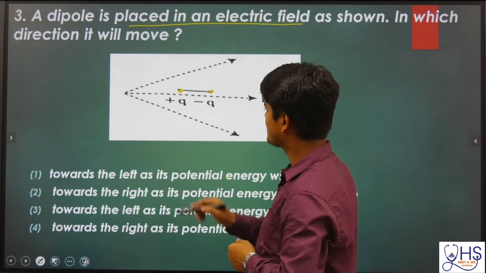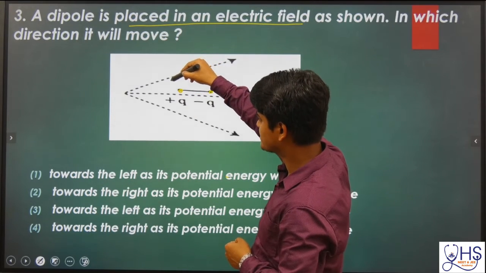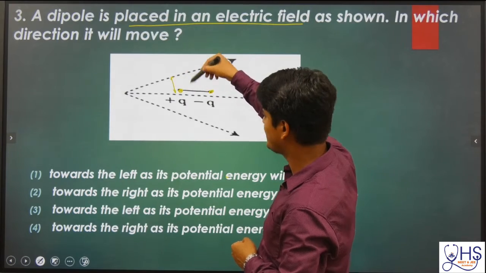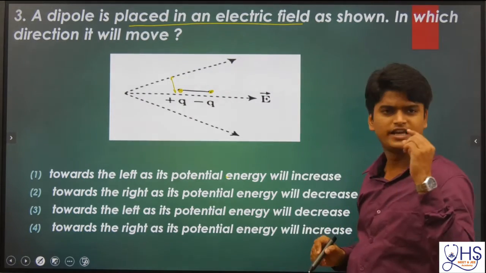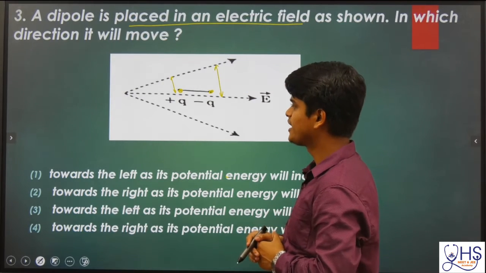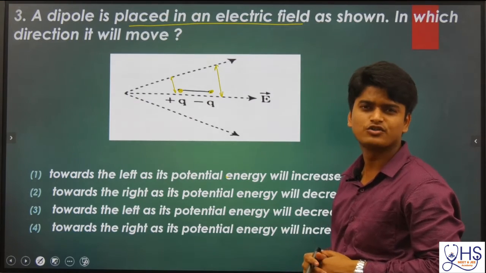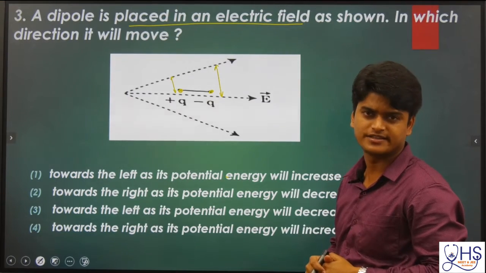You can understand from this diagram that in this region, the space between two field lines, these electric field lines, is a little less compared to here. So definitely I can tell that the electric field strength will be more, according to the properties of electric field lines.